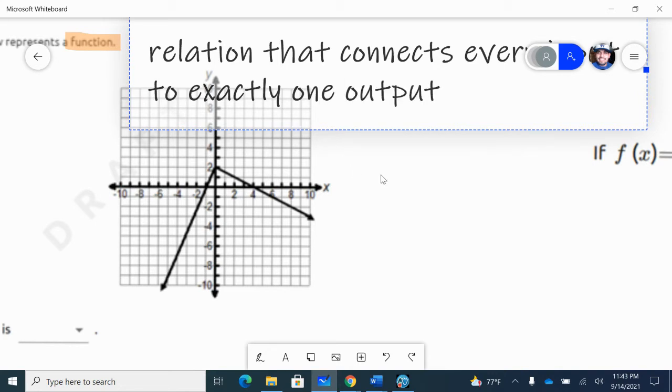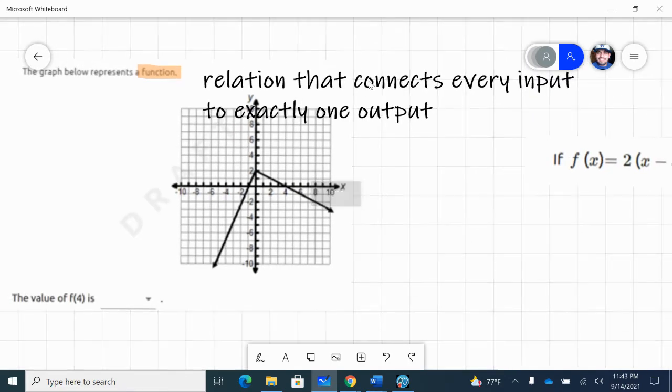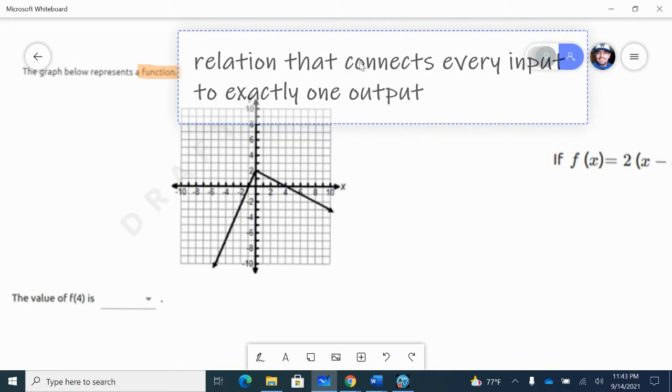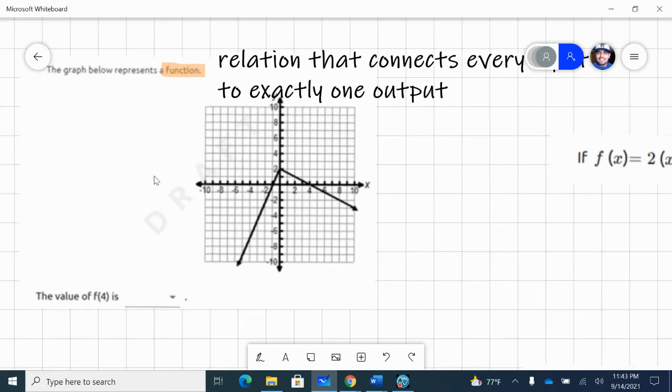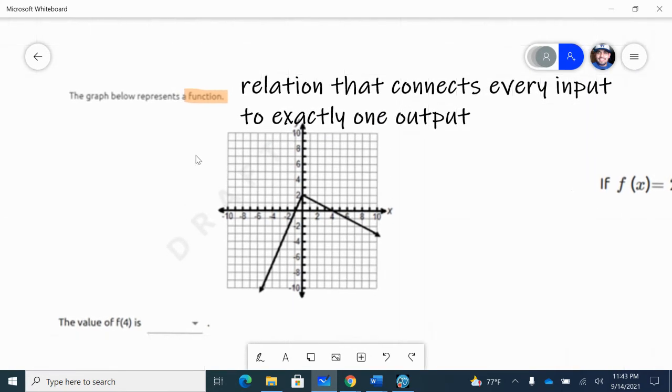All right, so that is what a function is. I'm going to move this up here. Write that down next to the word function. A function is just a fancy word for a relation that connects every input to exactly one output.